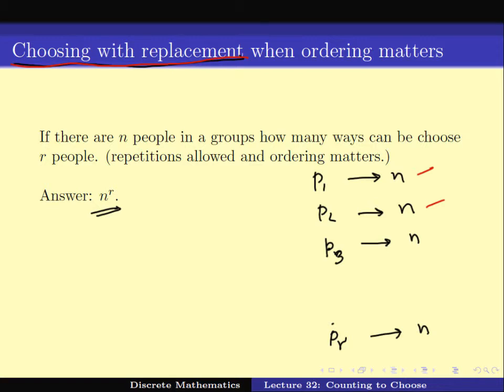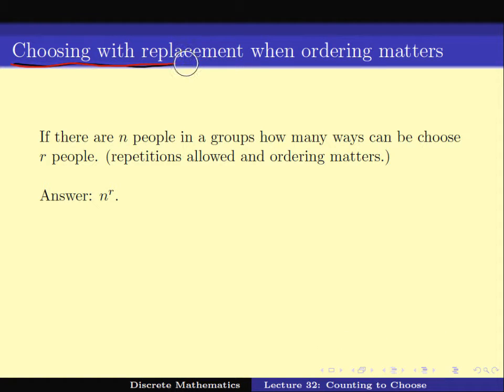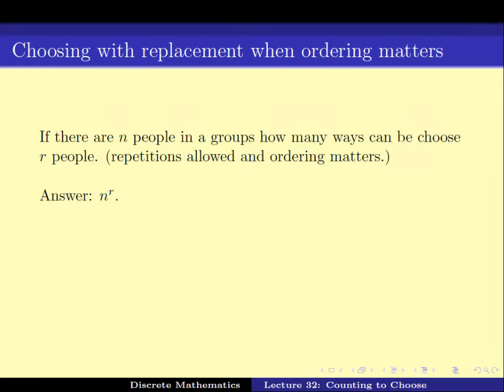So this way we are basically choosing with replacement. We are replacing the slip every time. This is a very generic statement of what we just saw, the constable problem, right?